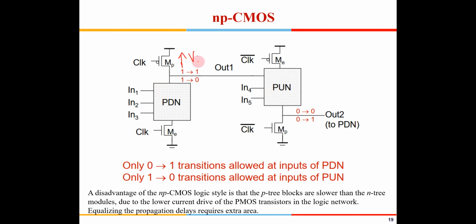While you are giving clock bar out here, instead of clock. So what will happen is, during the pre-charge period, since this will be 1 out here, this node will be pre-charged to 0, right? This will be pre-charged to 1 out here.